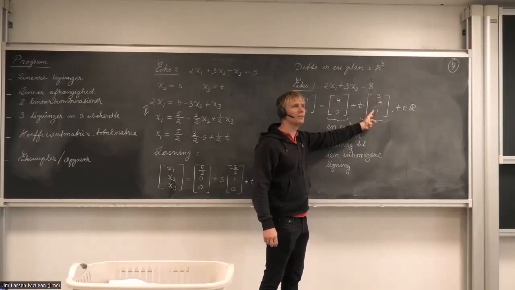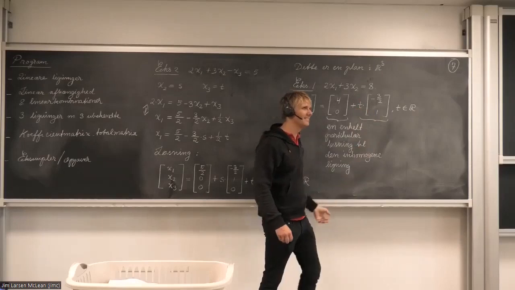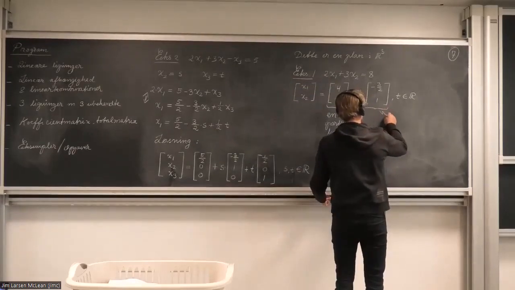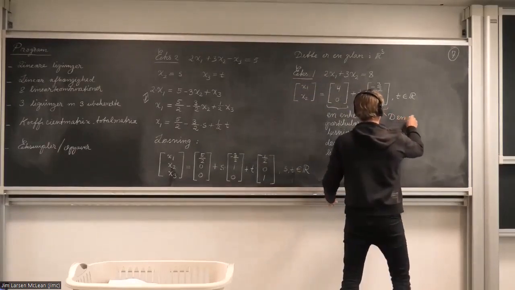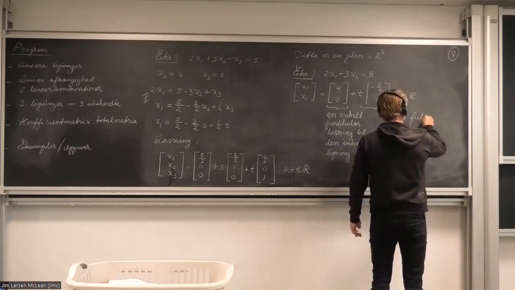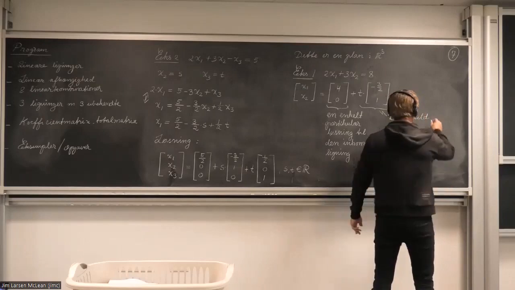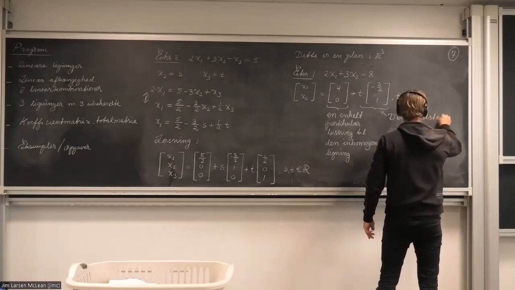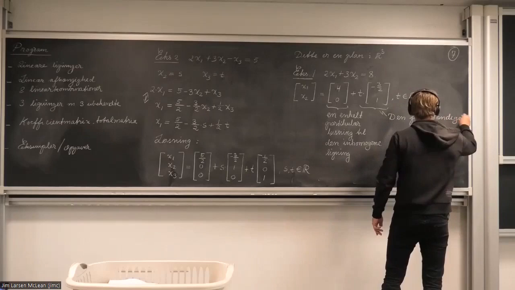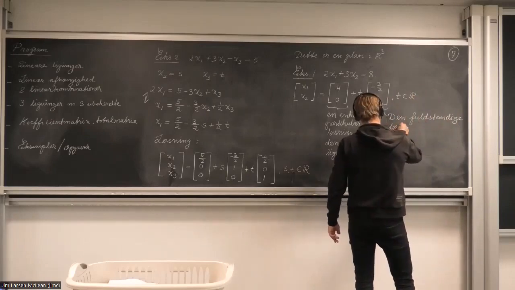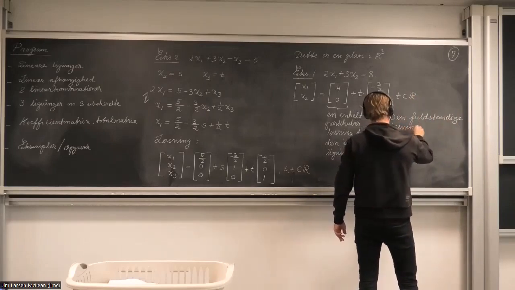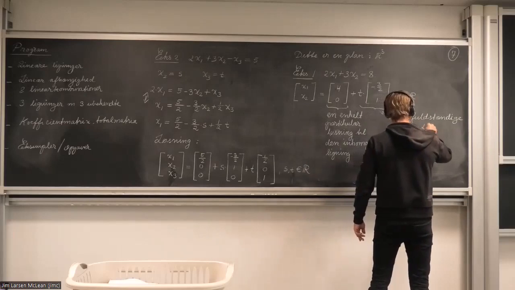It's the complete solution for the homogeneous version of the line, where it equals 0. Complete means all solutions are here. There are no others. This is the complete solution to the homogeneous version.